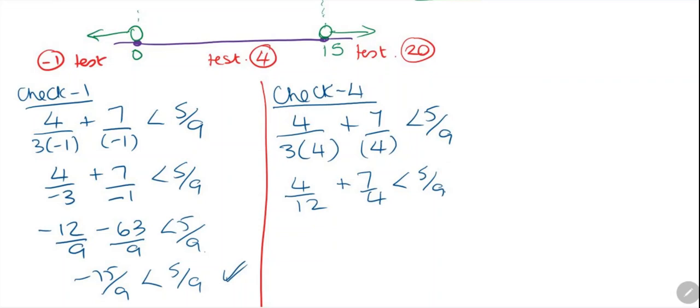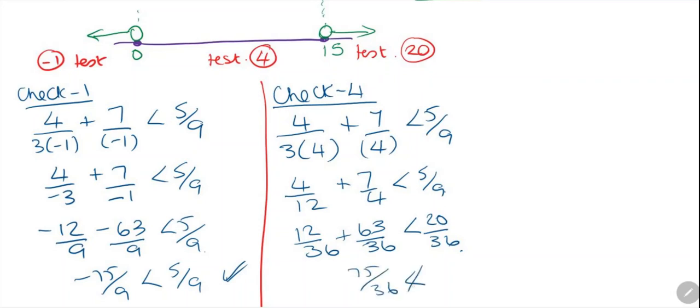So this is going to be 36. So over 36, that's going to be 12 over 36, plus 63 over 36, and 20 over 36. So 12 plus 63 is 75. That is not less than 20 over 36, so that is not correct. So it is 4 that I tested, not minus 4, sorry.